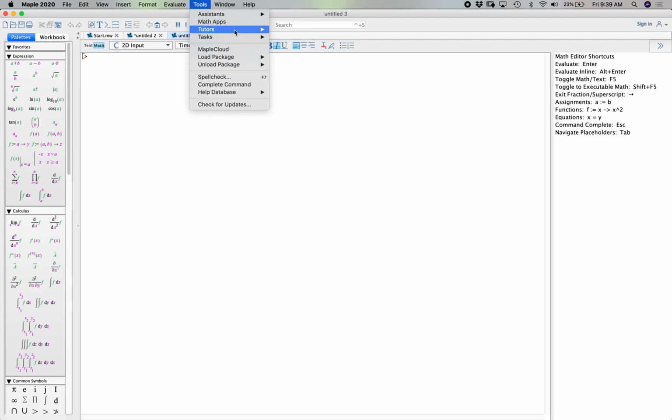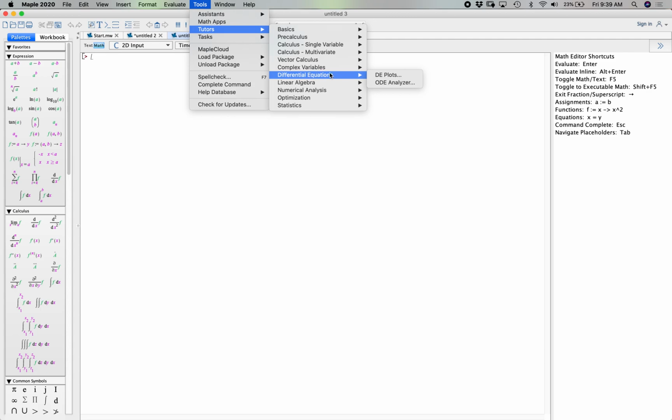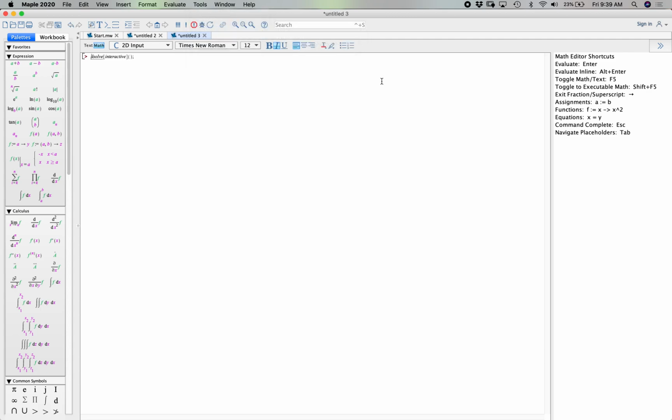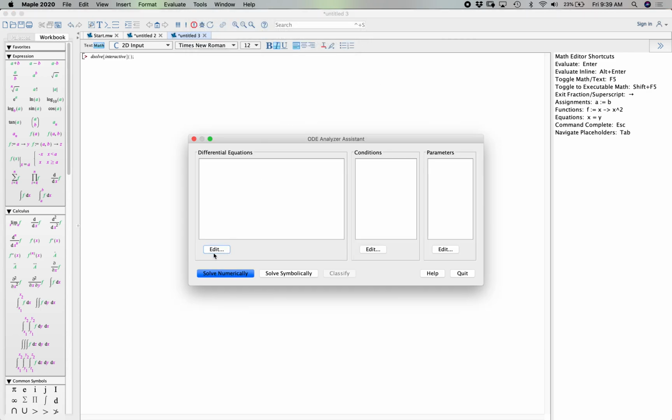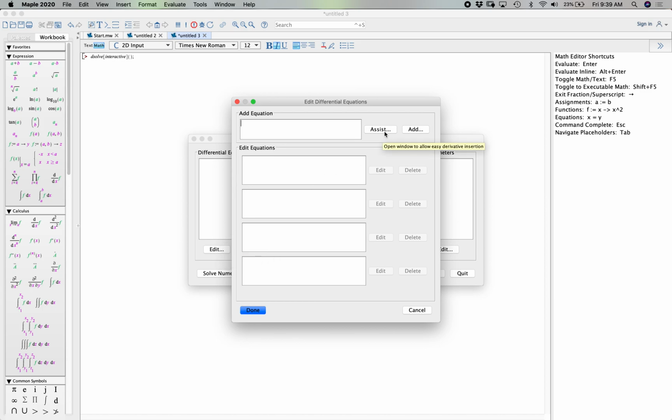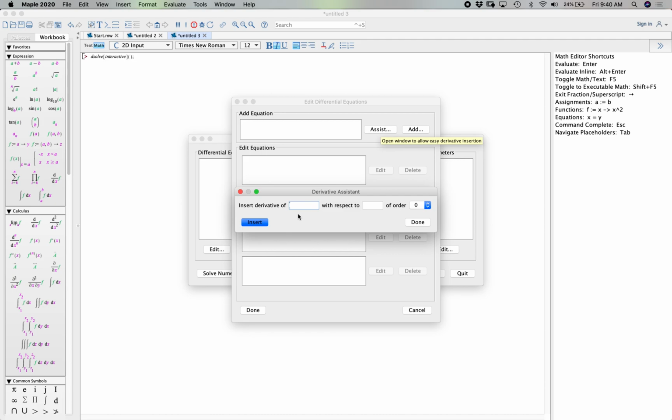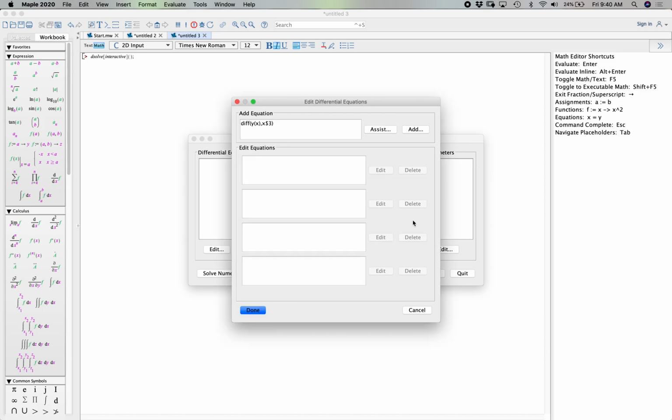again we go to Tutors, Differential Equations, ODE Analyzer, then Edit and Assist. We insert the derivative of y with respect to x of third order, and then plus 9 times the first order derivative.